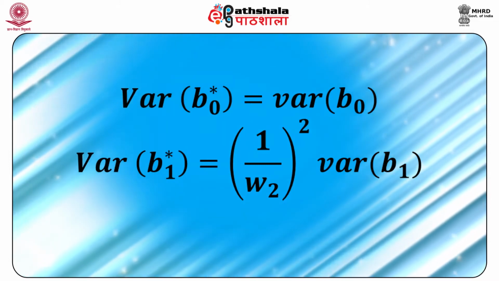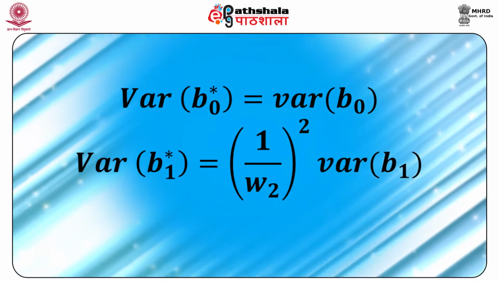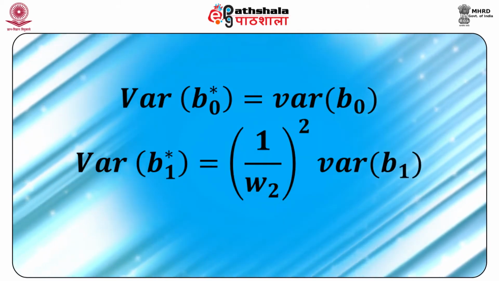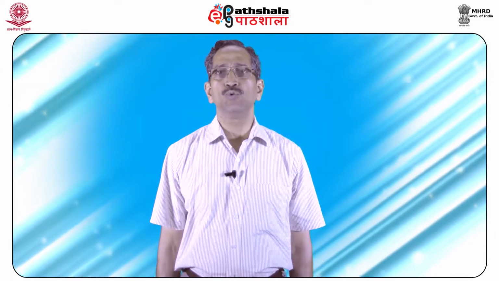So, variance of b0 star is equal to variance of b0, and variance of b1 star is equal to 1 upon W2 whole square into variance of b1. Now, it means that the slope and its standard error are multiplied by 1 upon W2, but the intercept and its standard error are unaffected.